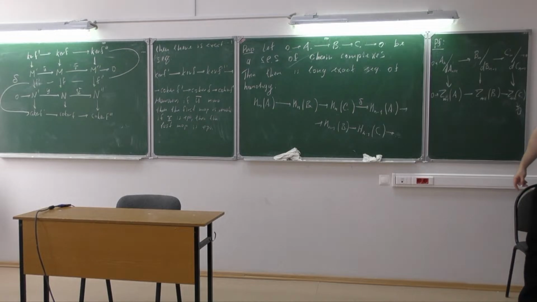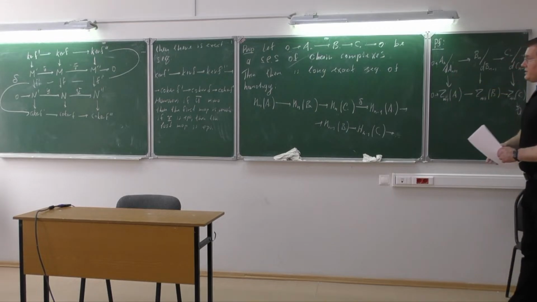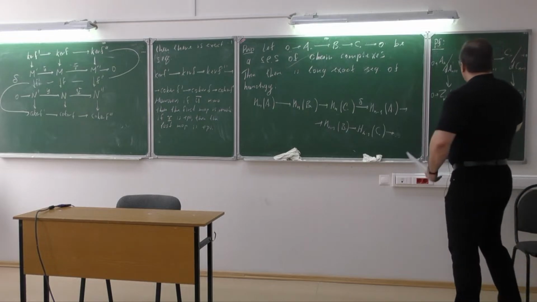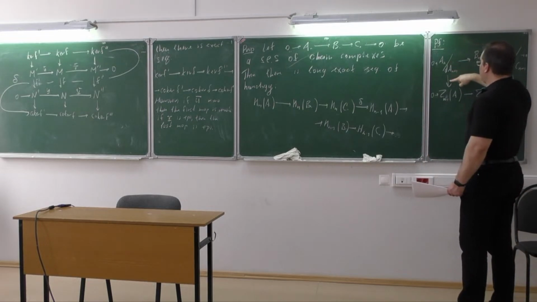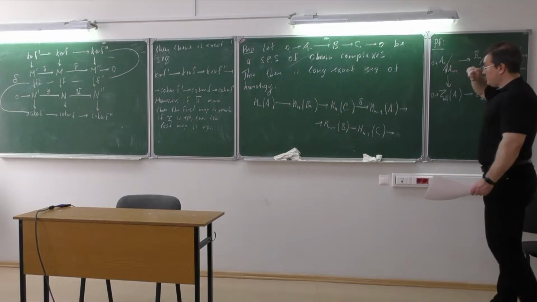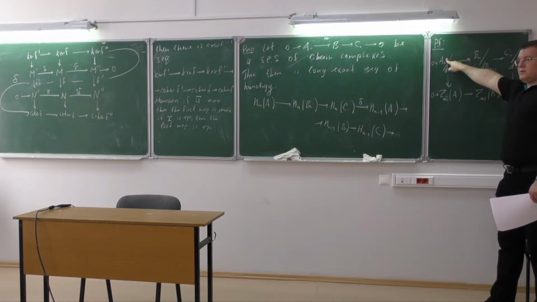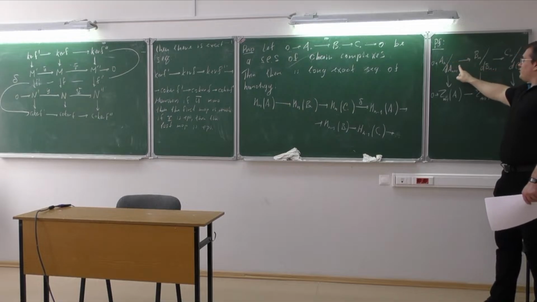The kernels and cokernels are precisely the homologies, just with different indices, right? Let's look at the kernel of this map. What would be the kernel? These are elements in An which are killed by the differential. But we also look at the quotient, so this is modulo the image of the previous map.